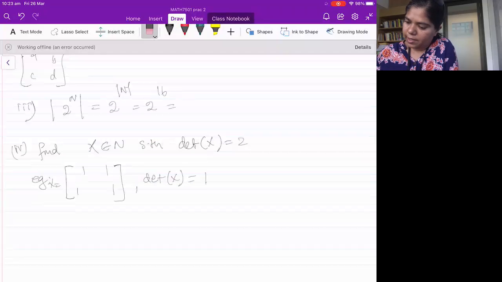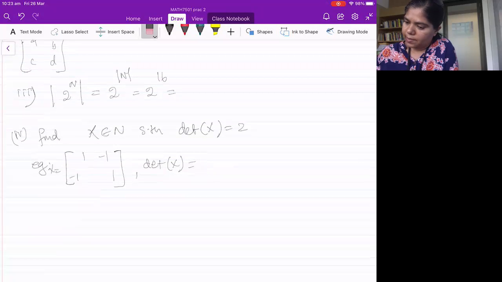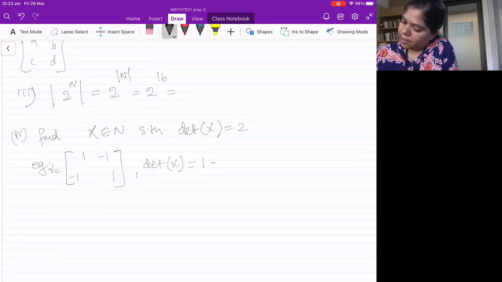Let me try the other one. How about 1, minus 1, -1? So that would be equal to 1. I need a minus one here.